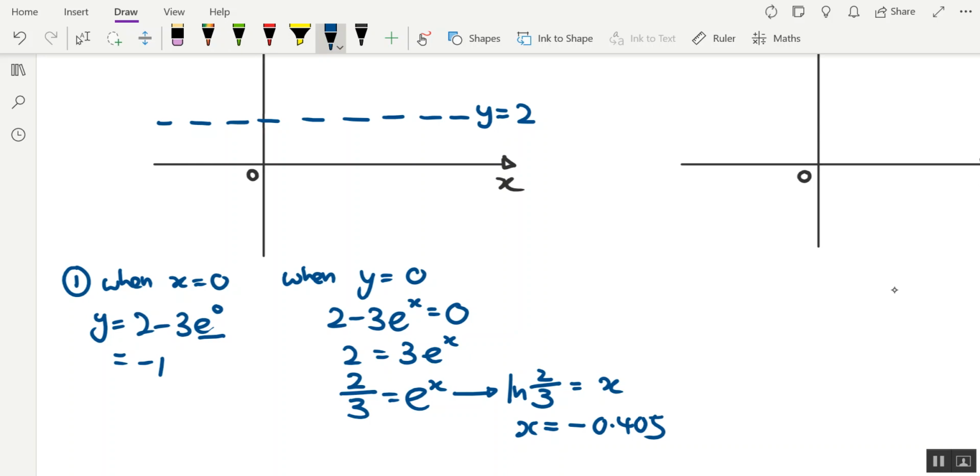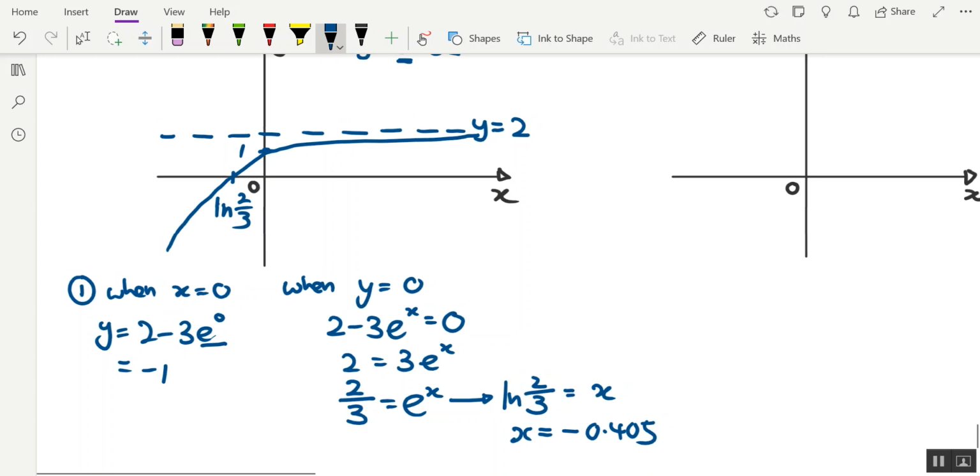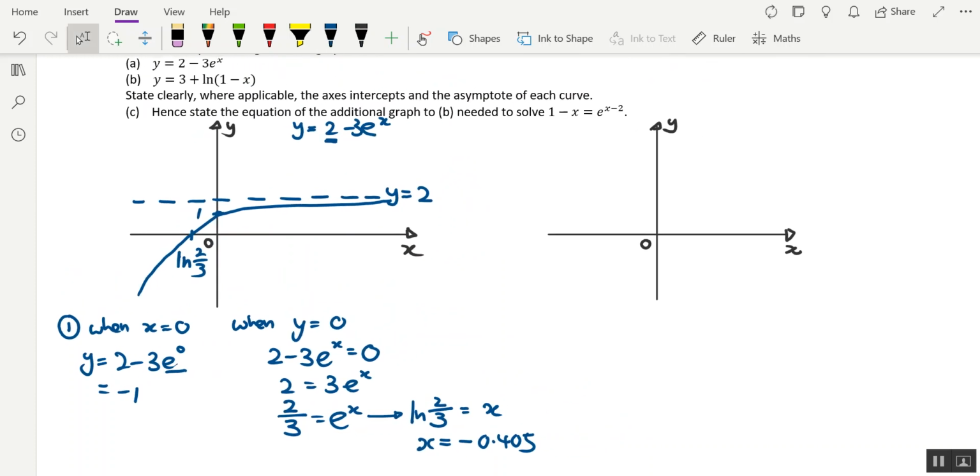So I know that it cuts through 1 and also cuts through negative 0.405. So how would it look like? It would actually look like this. Here is 1, here is ln 2 over 3, or negative 0.405. So this is the graph for y equals 2 minus 3e to the power x.